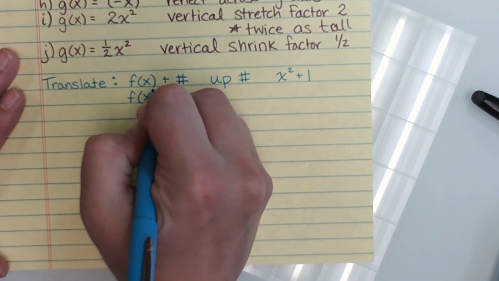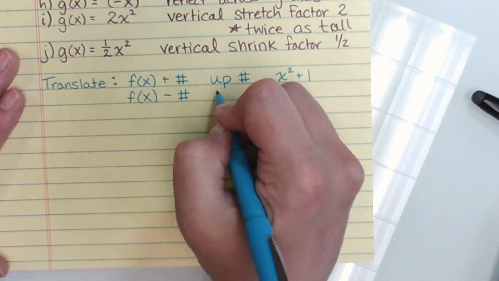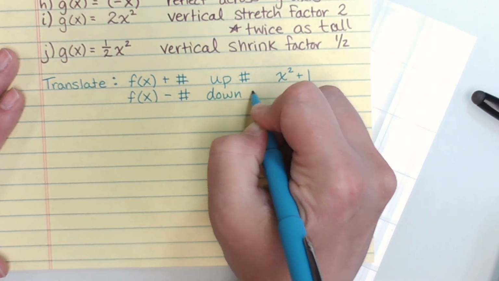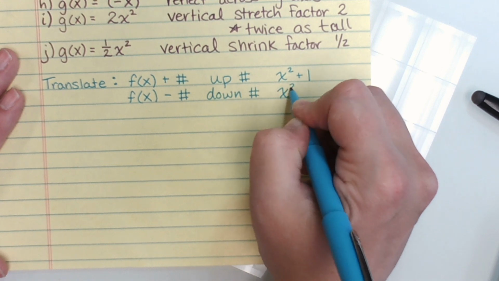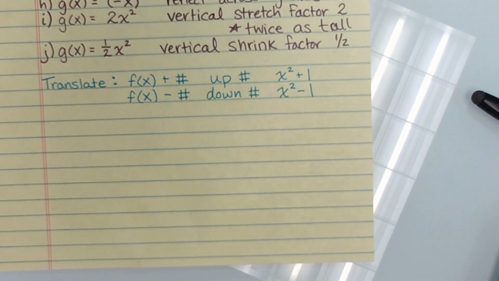While if you take f of x and subtract a number from all of it, it's going to go down by that number. When I put that in my calculator, it keeps putting parentheses. So when it does that, we counteract it, right? Oh, come on. Putting parentheses around the 1 divided by 2.